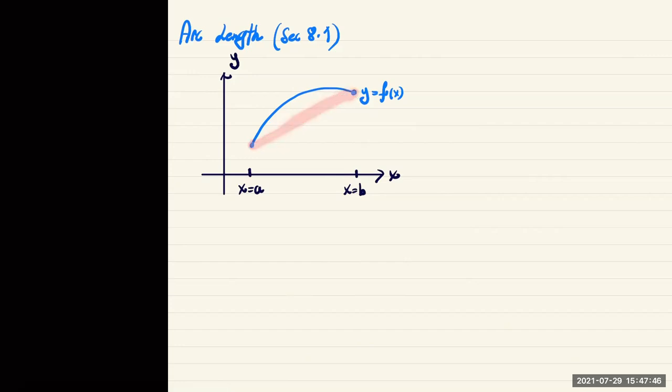We can, but the particle, who said the particle's traveling always in a straight path? It could travel in a curved path like that, or it could travel in some weird path. So how do you know how much distance it's traveled? Or what is the length of this arc of this function?